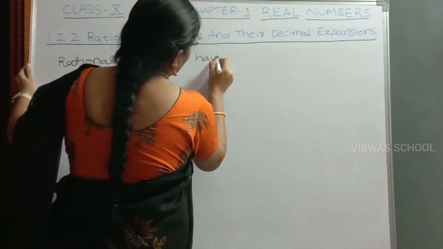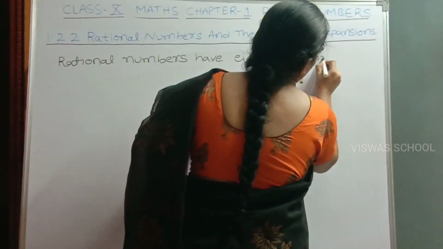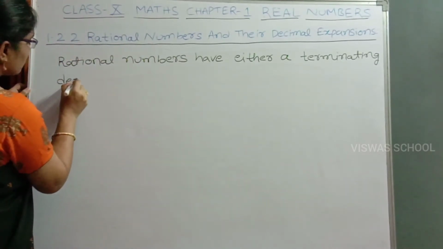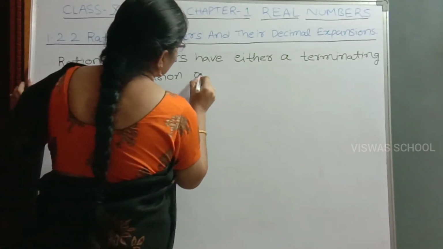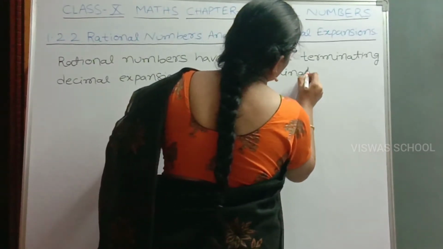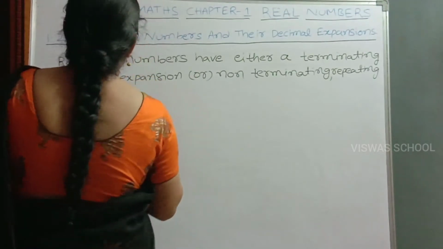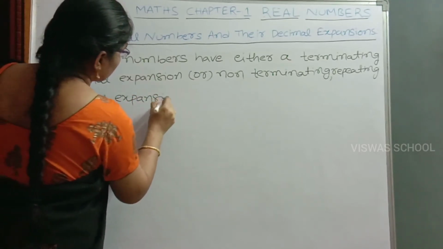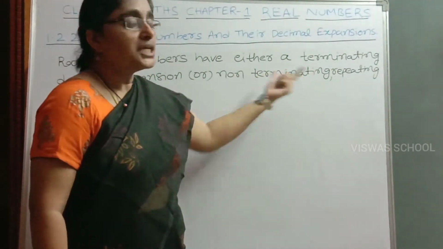Rational numbers have either a terminating decimal expansion or a non-terminating repeating decimal expansion.